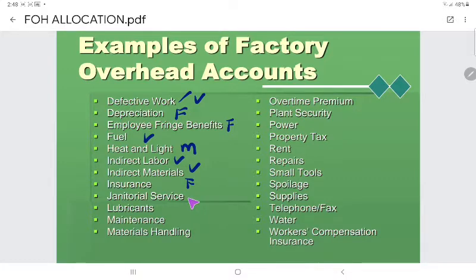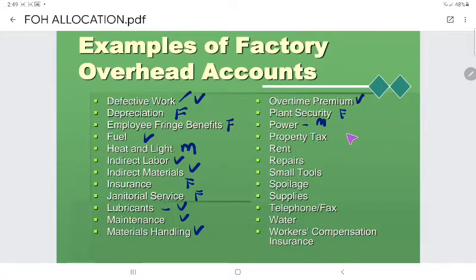The salary of the janitor normally is fixed dahil hindi naman ito base sa production. Lubricants is variable. Maintenance is variable because it is as the needs arises. Likewise with materials handling. The overtime premium would depend on the number of hours, then that would be variable. The plant security will normally be fixed kasi pasweldo mo yan, no, sa mga tao na nagbabantay.